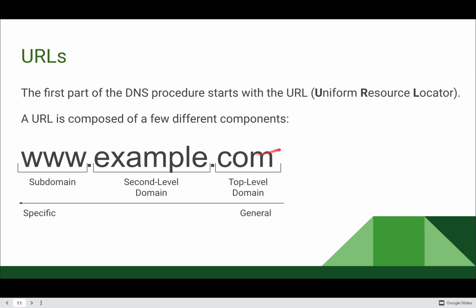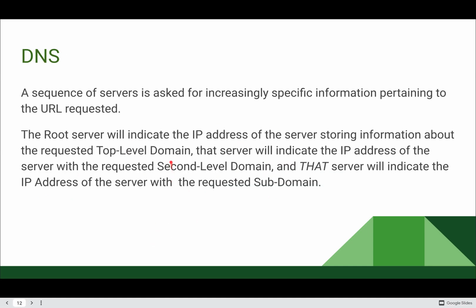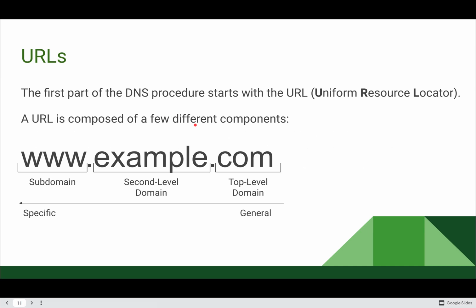So when we are trying to find the IP address for a specific website, we're going to be requesting from a sequence of servers for this increasingly specific information. So first, our computer is going to ask the root server, where can I find information about .com websites? So the root server will tell you where to go for that. And then we'll ask the com server, where can I find information about example.com?